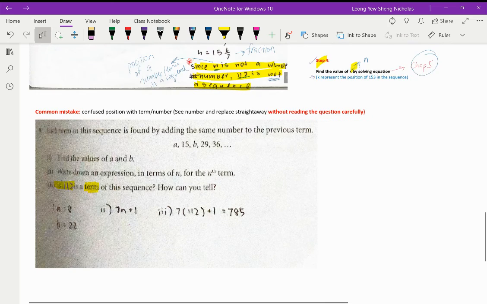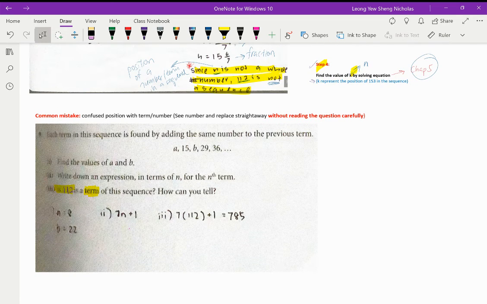Now let me show you one common mistake. Some of you might confuse the positions with the terms of the sequence. Position means first, second, third, fourth, fifth. All these numbers over here are terms of the sequence, so don't be confused. If you think that 112 is a position and you replace n with 112, you will get this answer wrong.